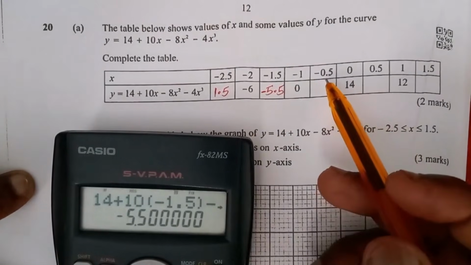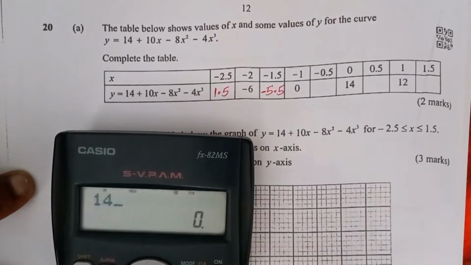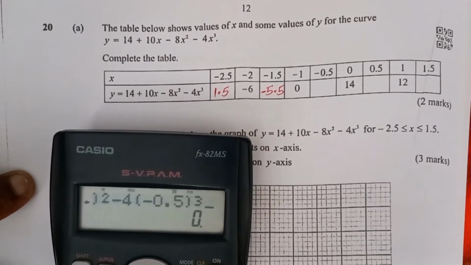We're here, negative 0.5. Do the same. 14 plus 10, in place of x we have negative 0.5, minus 8, negative 0.5 squared. Then minus 4, negative 0.5 cubed.